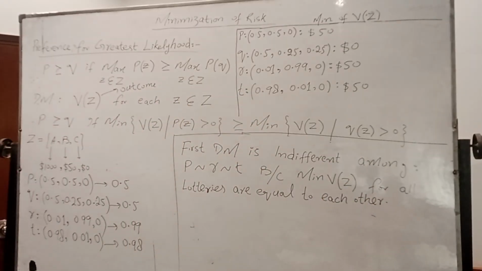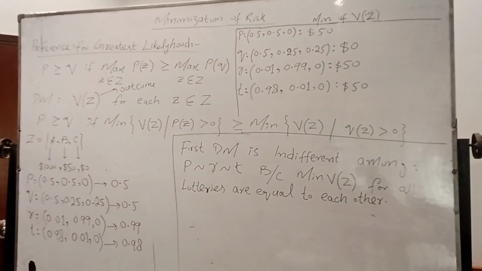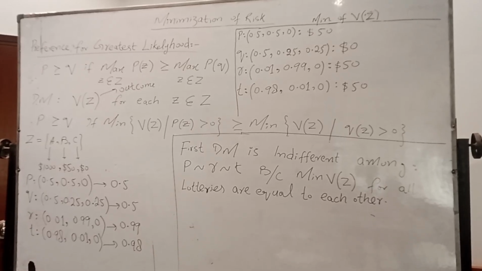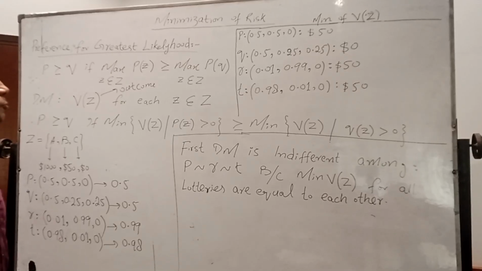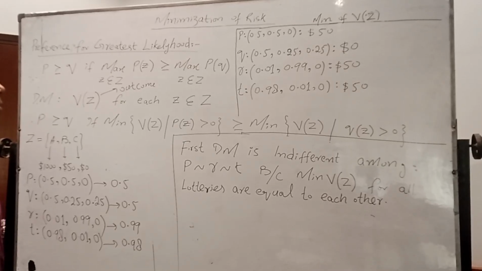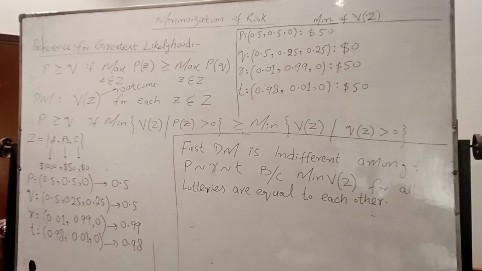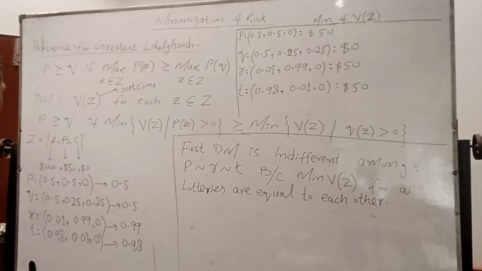Am I right? But then the decision maker checks the associated probabilities with this min of payoff.